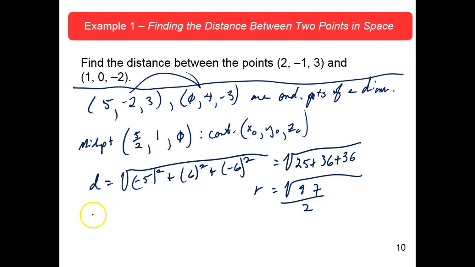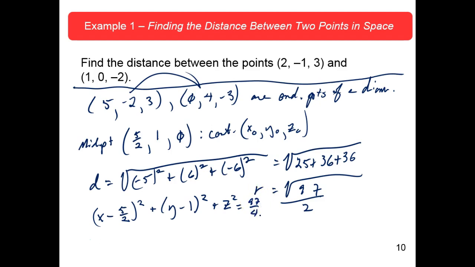How does it go? Okay, here it has x's and y's. It's x minus 5/2 squared plus y minus 1 squared plus z squared is equal to r squared, that's 97 over 4.